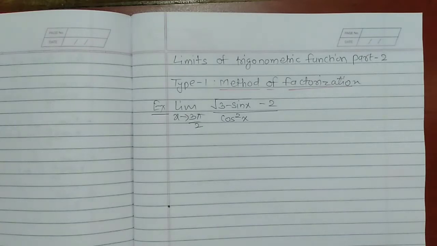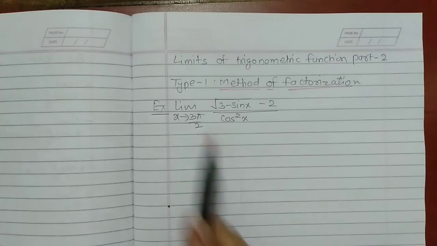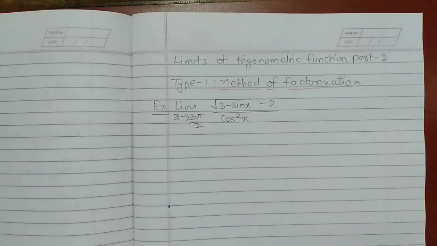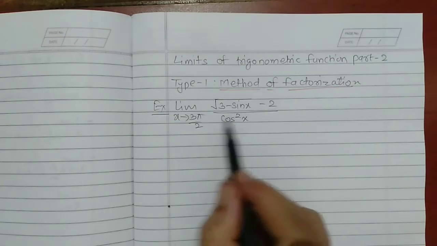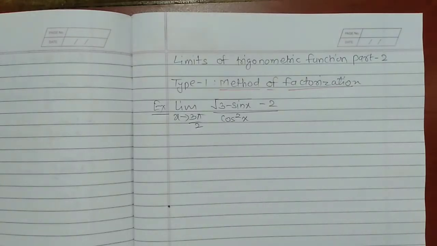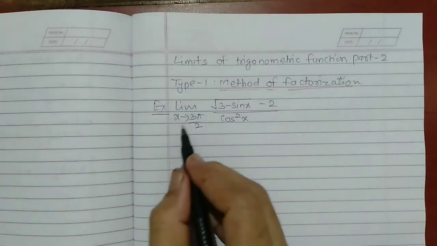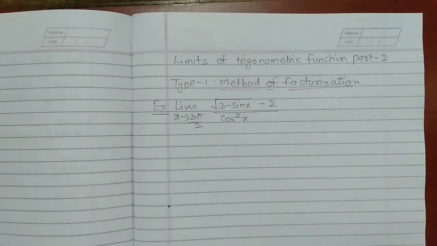Now in the method of factorization, we know that both numerator and denominator are trigonometric functions and x tends to non-zero values. So in this problem we can see both numerator and denominator are trigonometric functions and this x tends to 3 pi by 2 which is a non-zero value.